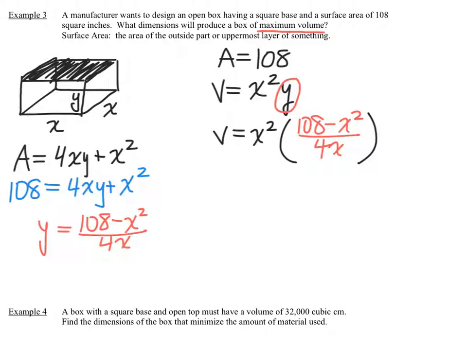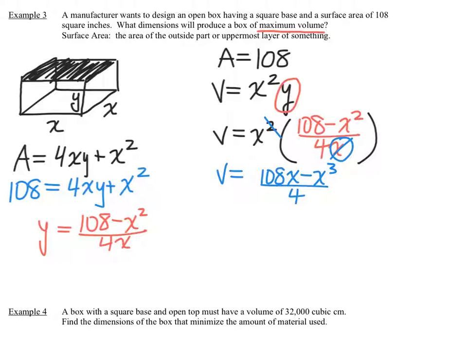So let's clean it up. I know that this x will go into that x squared x times. So V would be equal to, running the x through the top, 108x minus x cubed over 4.